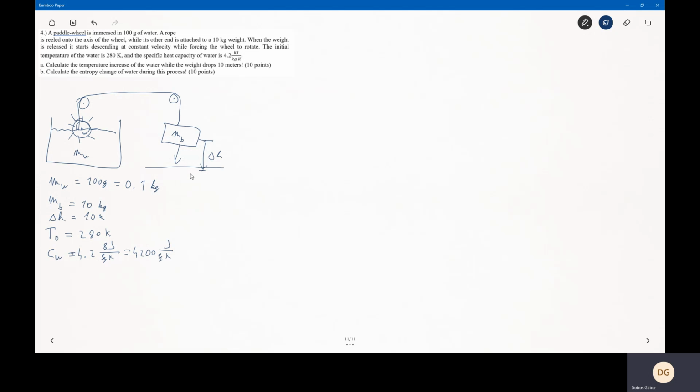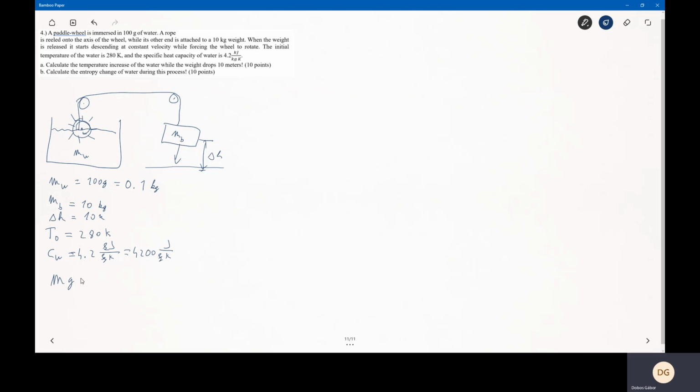Okay. So our first task is to calculate the temperature increase of the water. So basically what happens is that as this body goes down, its potential energy is transformed to heat. Okay, so I can write down that the potential energy change here is m times g times delta H, right?